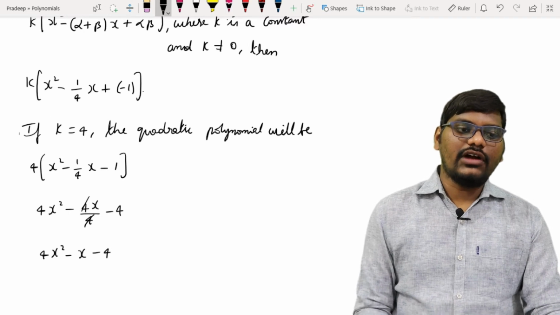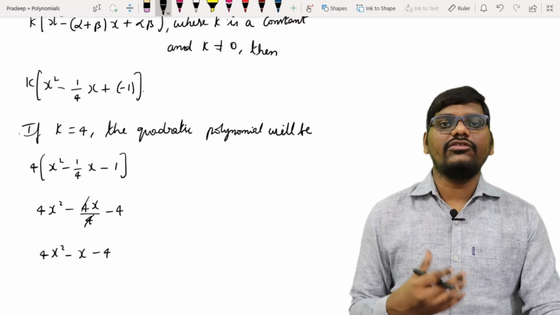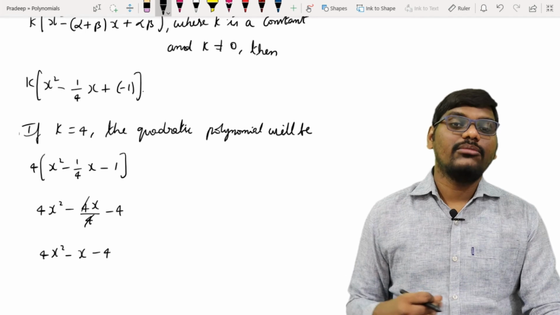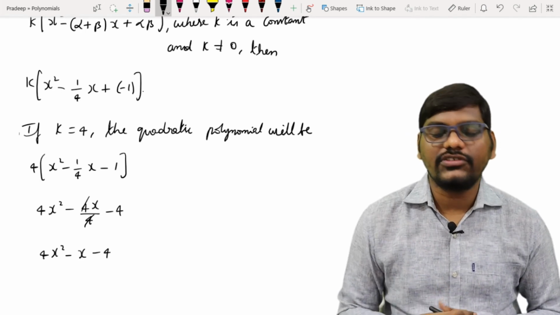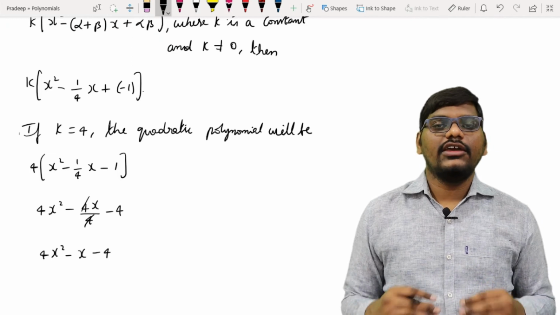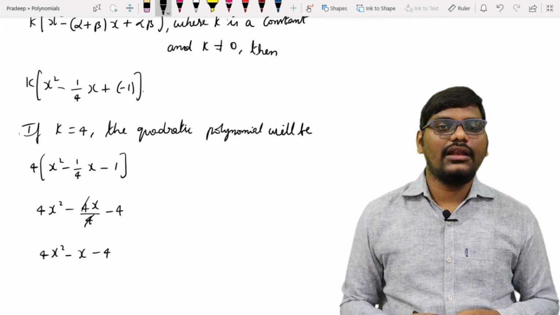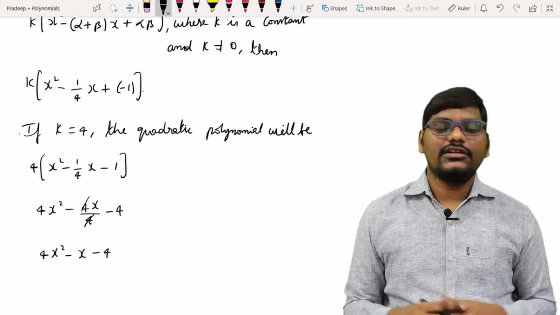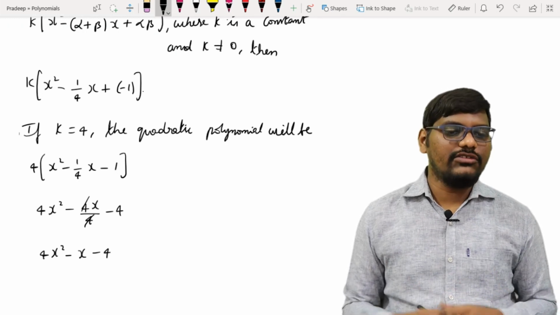So the k value whatever we are taking, it is our wish, but we should take the k value in such a way that the equation will be more simple. If that is making a more simplified equation, that is the perfect value of k.